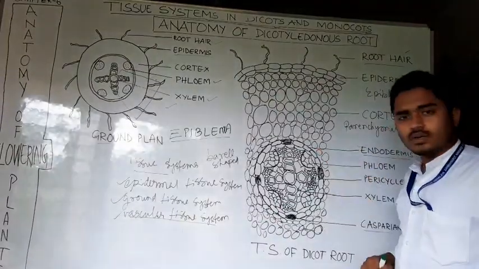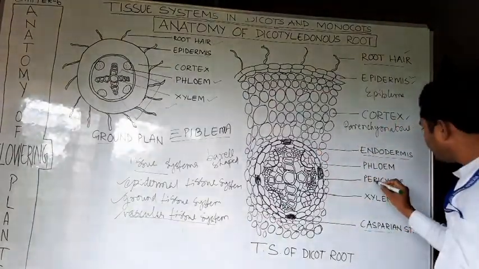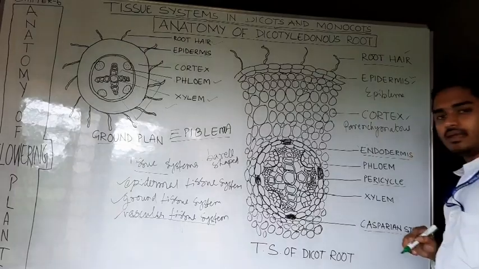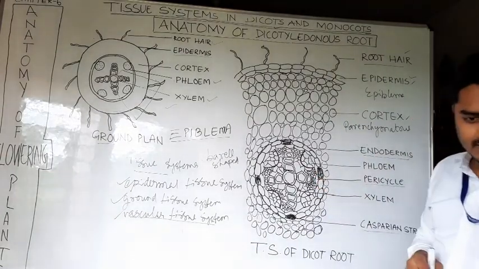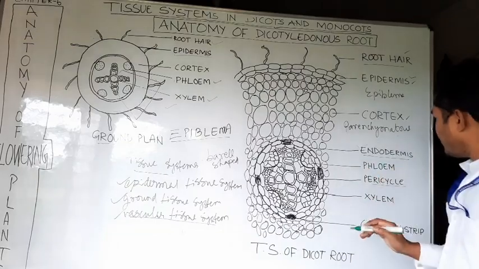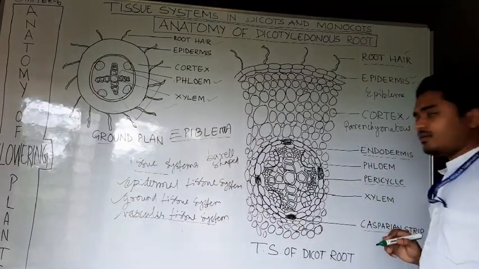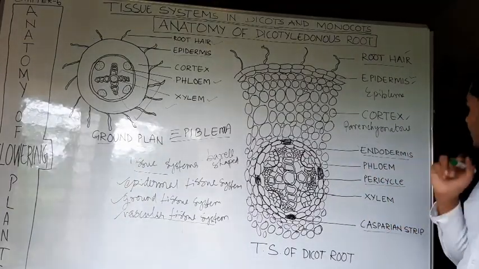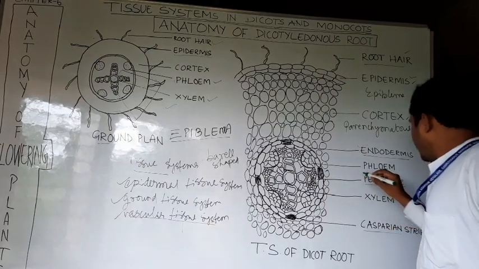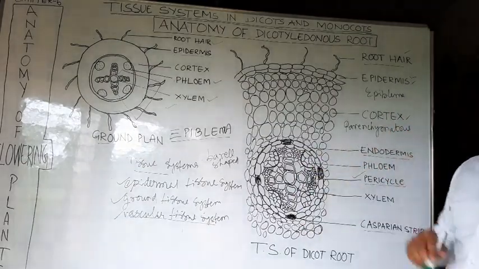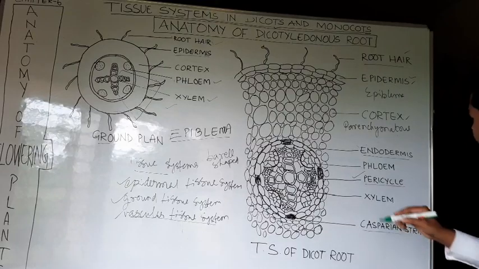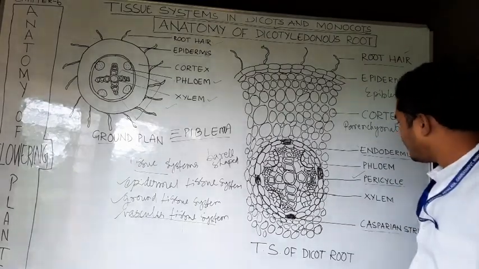Then next to the endodermis, we will see the presence of pericycle. So pericycle is more than one layer thick. And here you have to remember the function of pericycle. So what does pericycle do? The layers of the pericycle give rise to lateral roots.